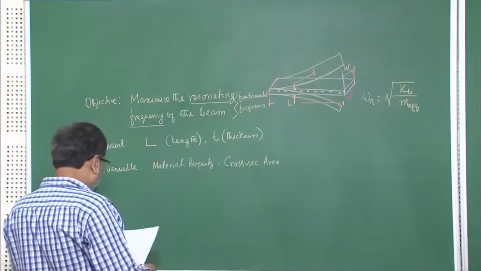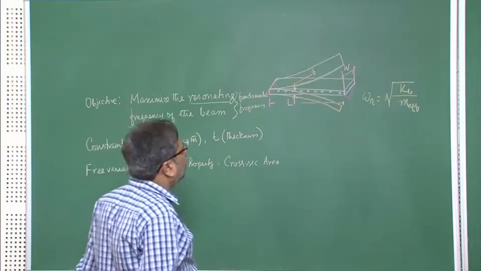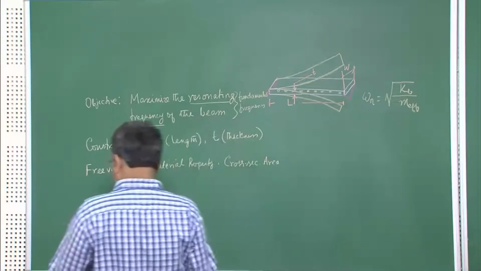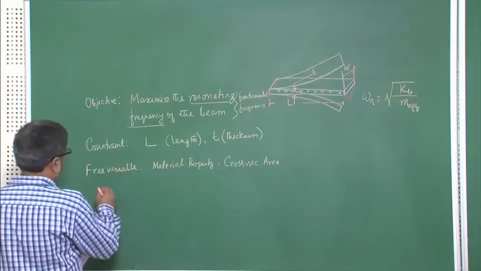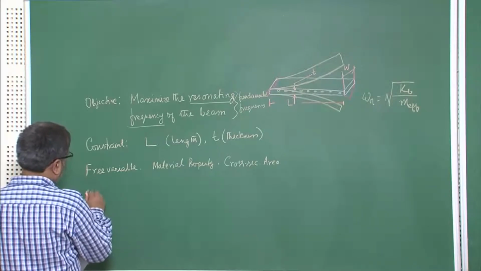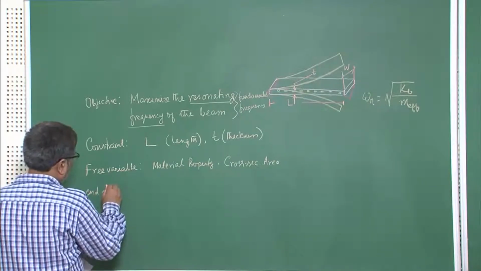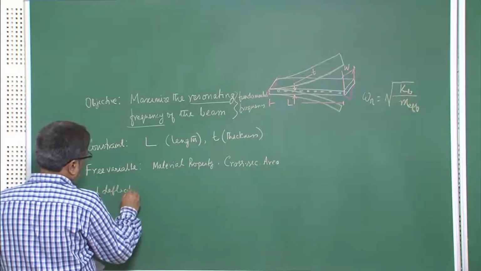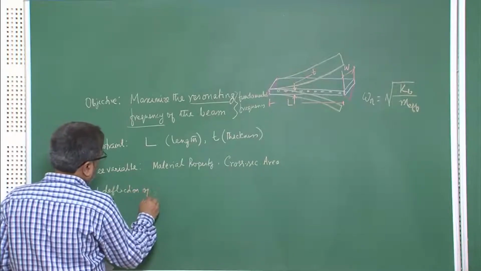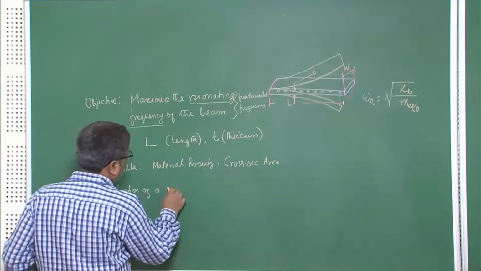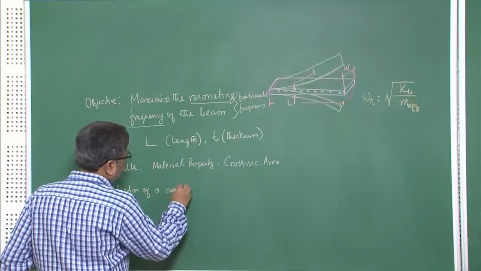The question is, what is the kb and what is the m effective? So, how can we find it out? Okay, what is the end deflection of a cantilever beam?